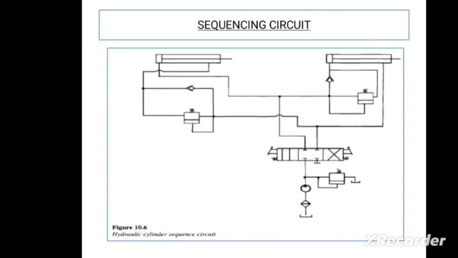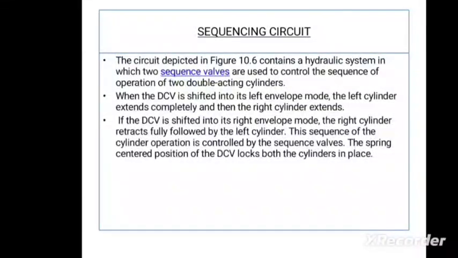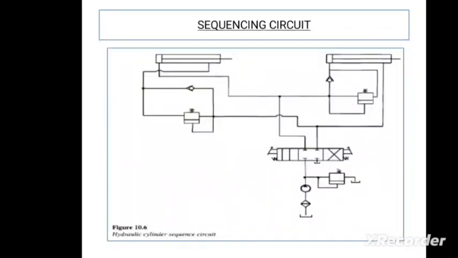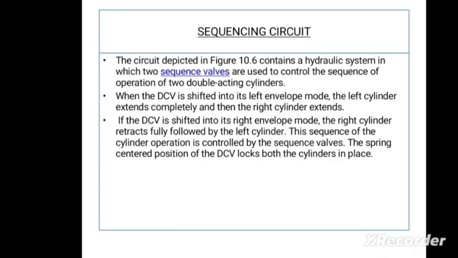The fourth circuit is the sequencing circuit. This is the schematic representation of a sequencing circuit, so let's see its working principle. Here the circuit is depicted in figure 10.6. It is a hydraulic system in which two sequence valves are used to control the sequence of operation of two double acting cylinders.